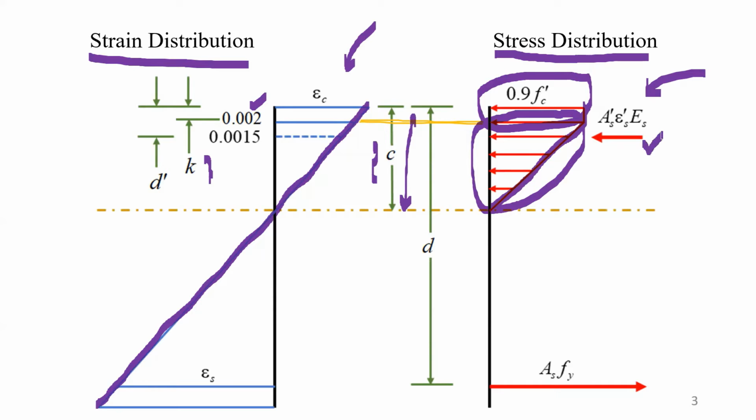Compression steel at the level of strain 0.0015. And finally, 4. tension steel at distance d measured from the compression face or the top face of the cross-section.